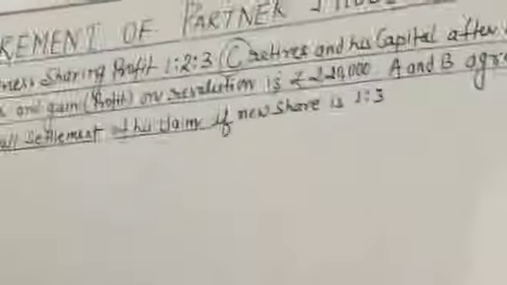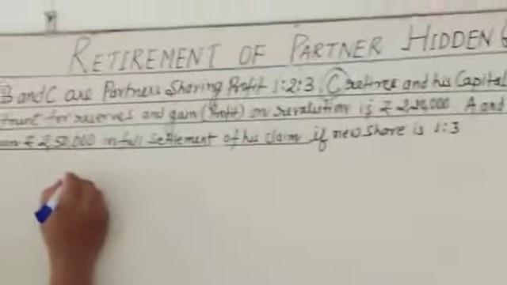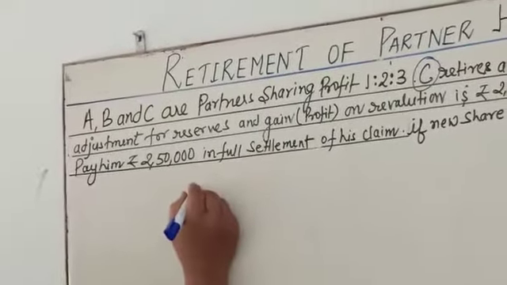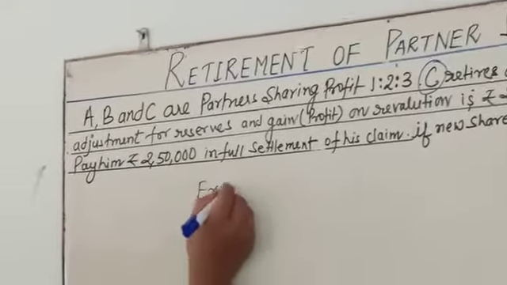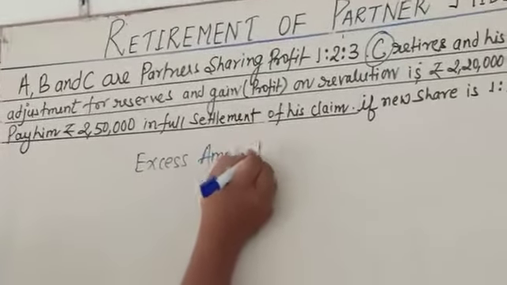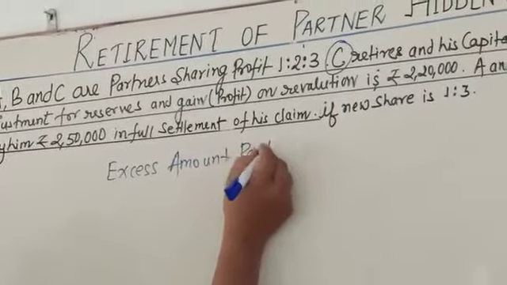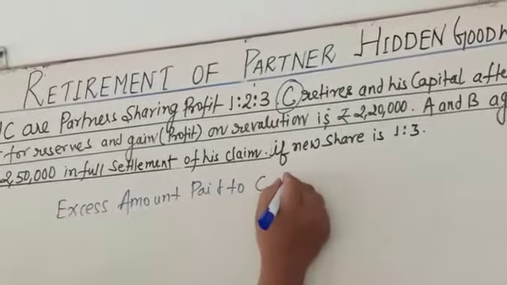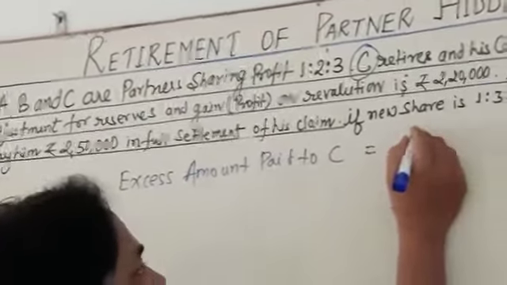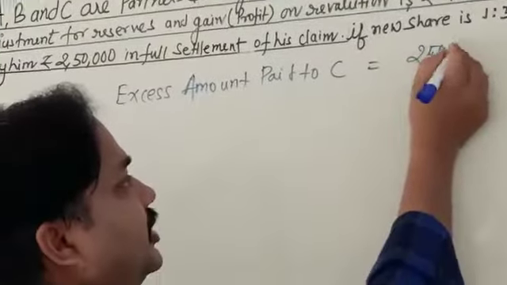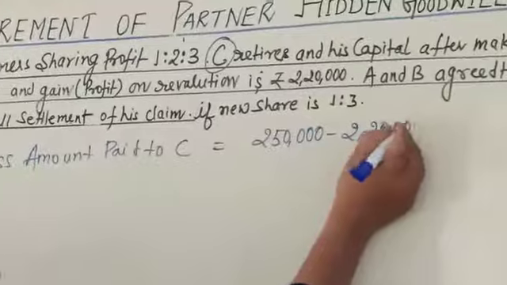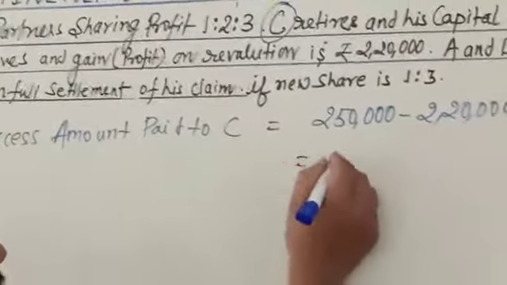Sometimes they pay a lump sum amount. So, what is the excess amount paid to C? That is 2,50,000 minus 2,20,000, which is equal to 30,000.